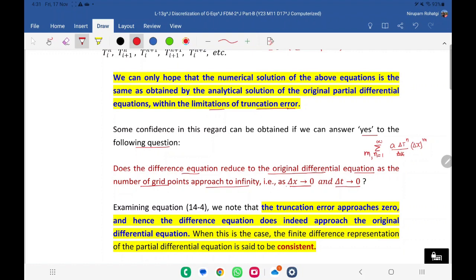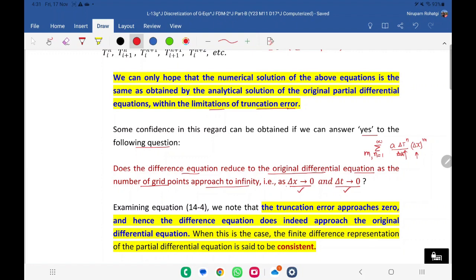Now you know that each of these terms is approaching 0 because delta t is approaching 0, right? And delta x is also approaching 0. But when you are summing up an infinite number of terms, will that sum approach 0 or not?